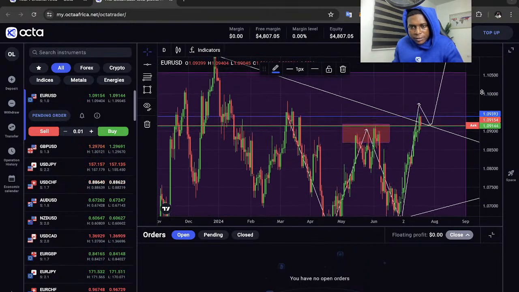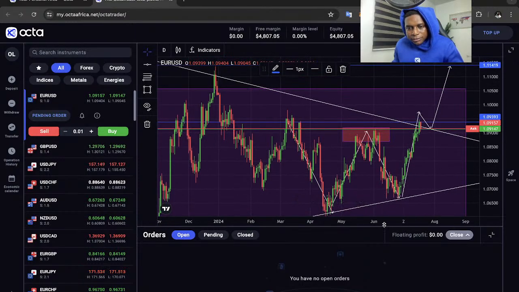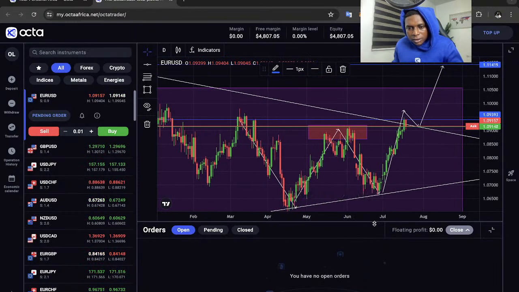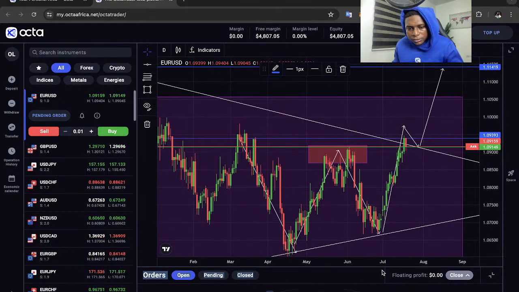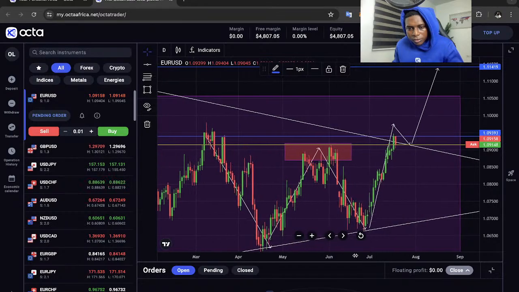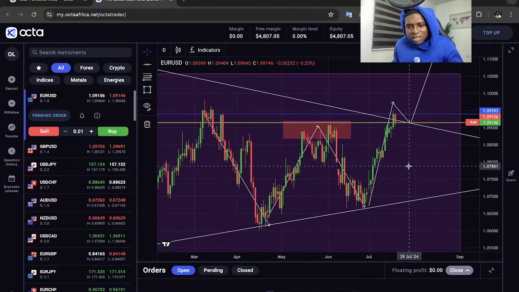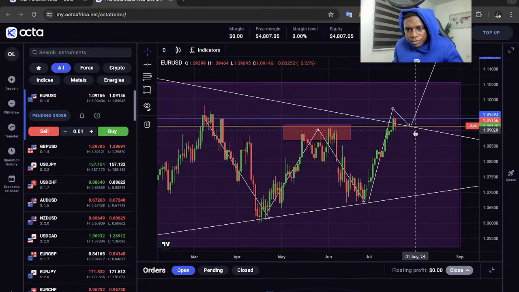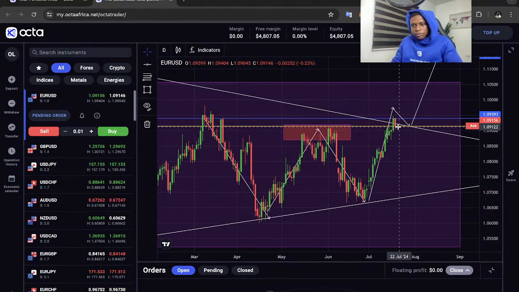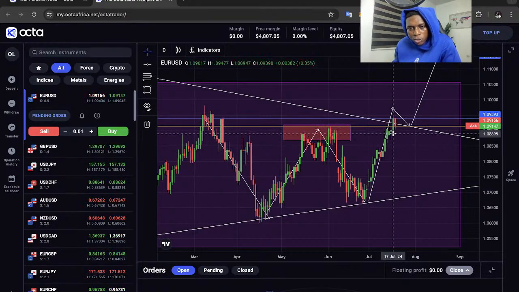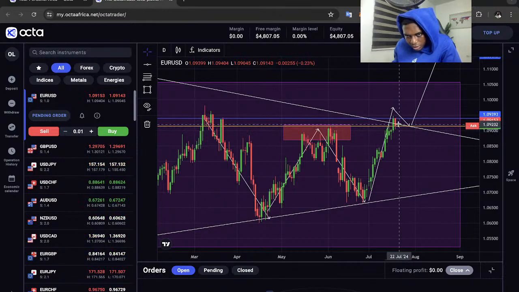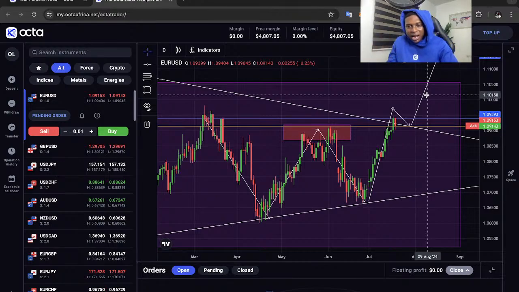Can you see that? So as long as today's price movement has not closed below yesterday's open, the buy momentum is very active.